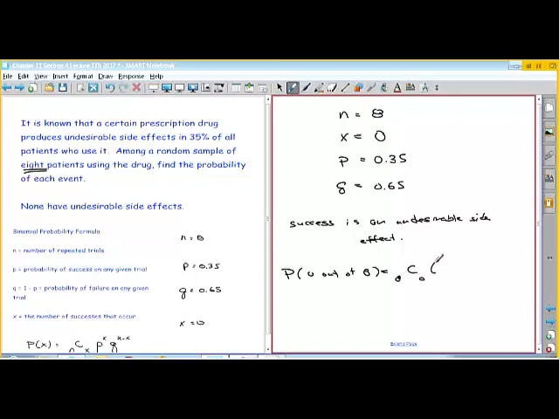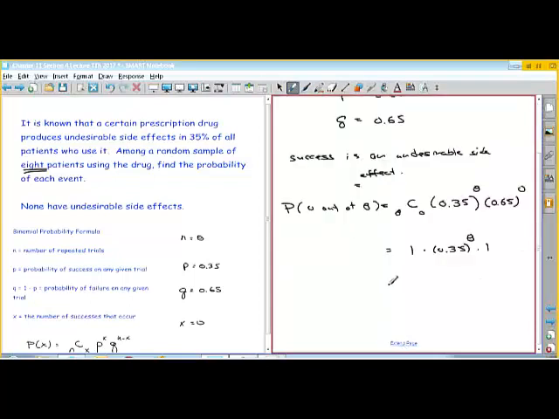The hardest part is probably to remember that success is always relative, depending upon what the question is. Okay, let me see what I get here. So we have 0.35. Where's the 8 power? Oh, you're right.